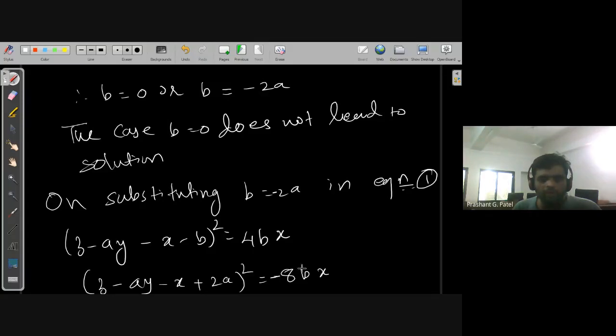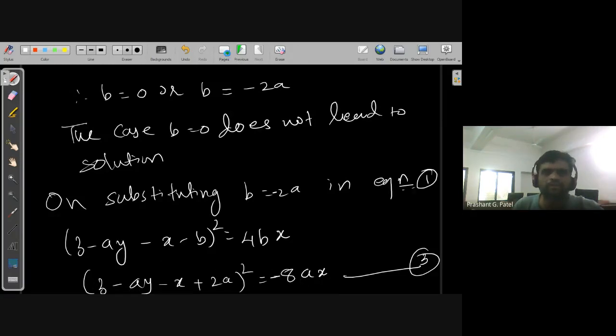Now to obtain the envelope, we need to eliminate a from this. Here it is a. So our objective now is to eliminate a from this equation to obtain the envelope of this one. Let me call this equation number 3. So to do this, we need to differentiate this with respect to a.